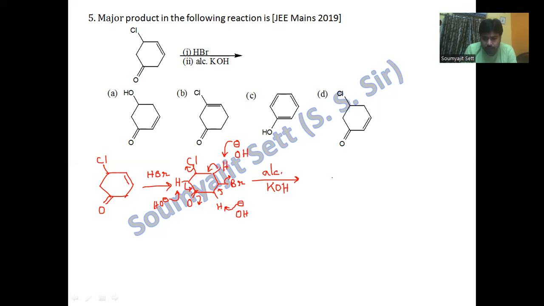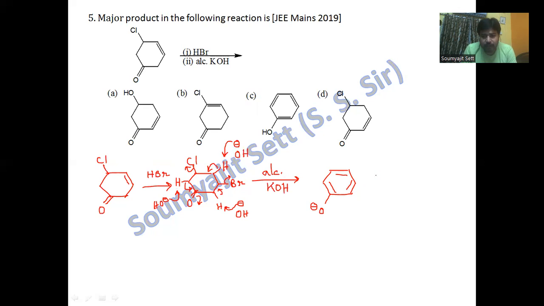Now, the interesting thing is why the alpha hydrogen of the carbonyl has also been eliminated, because if it is eliminated, the ring becomes aromatic. So for extra stabilization, this alpha hydrogen has also been abstracted by the base.